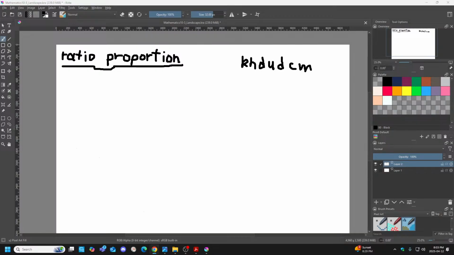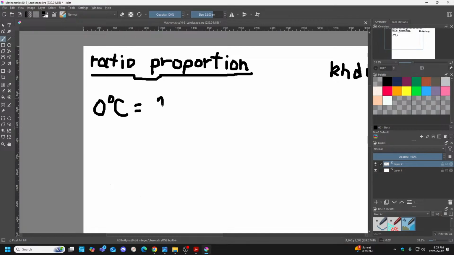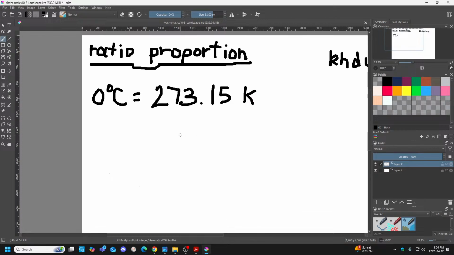Okay, so we don't really need to know this, but 0 degrees Celsius is equal to 273.15 K, and I believe K is what they use for Kelvin.